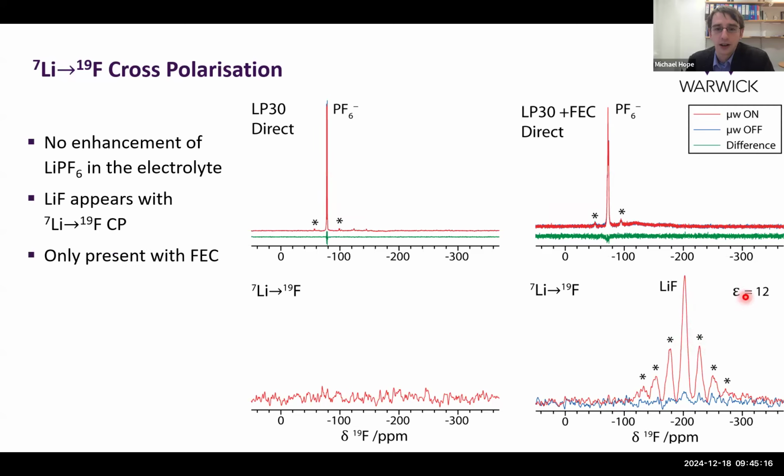Again, this has a larger enhancement than the other species. And so that tells us that it's closer to the metal surface on average than the other species. And so what we think happens is this FEC breaks down at the surface, it forms this lithium fluoride, and we hypothesize that's what's giving a more stable SEI.